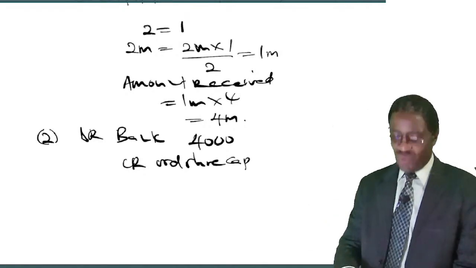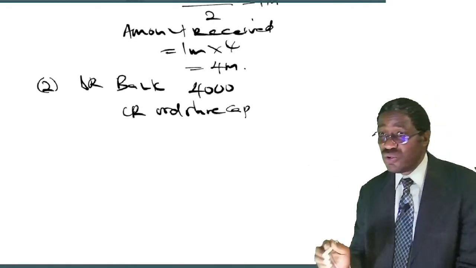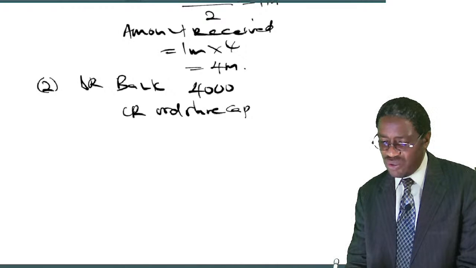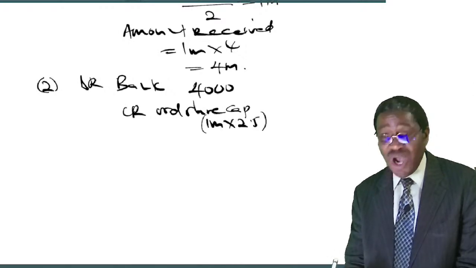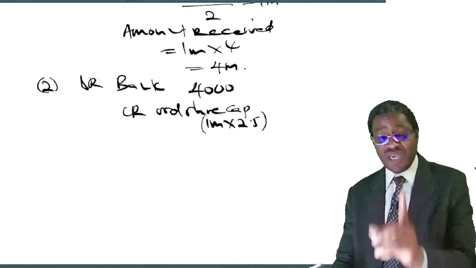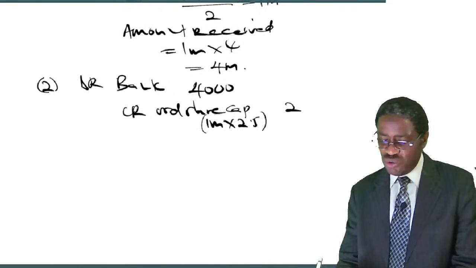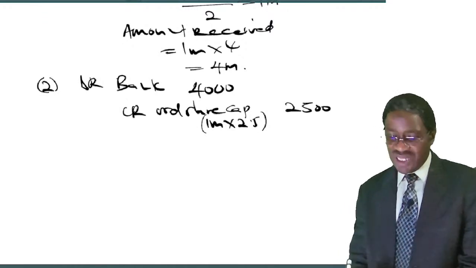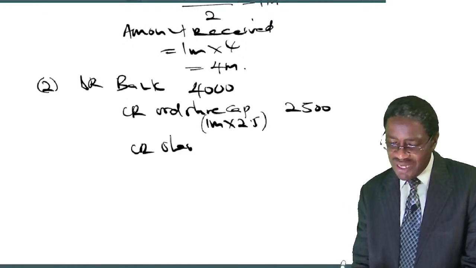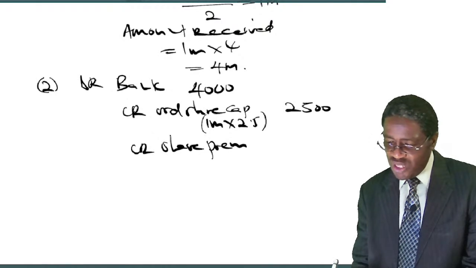Good. So what this examiner wanted you to know was that to the share capital, it will be 1M times 2.5. So that gives me 2,500 to go to the share capital. At the same time, you now credit share premium with how much?